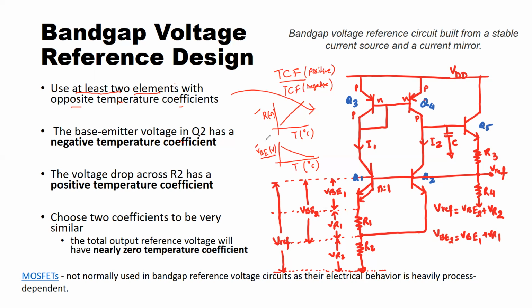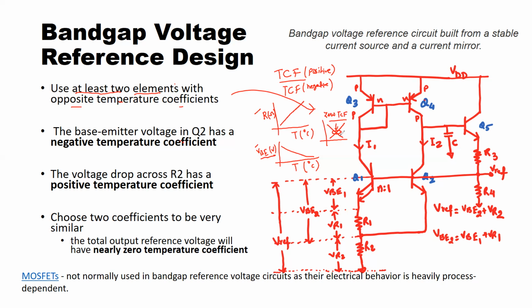So what if we combine these two parameters or variables together to cancel their effect on the final output quantity? One is going negative, one is going positive. So somewhere we'll have a region where we have zero temperature coefficient.